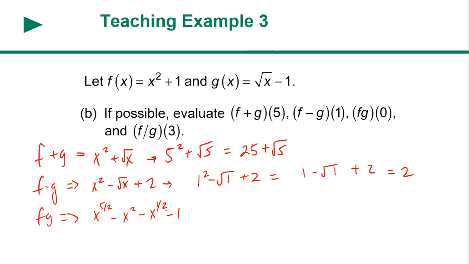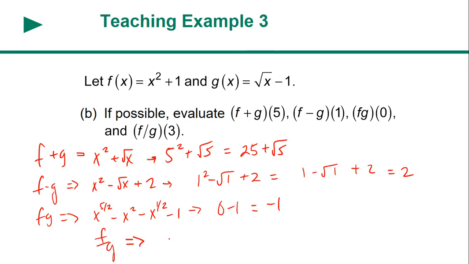So what's going to happen to all these x's? It just becomes 0. So 0 minus 1 equals negative 1.